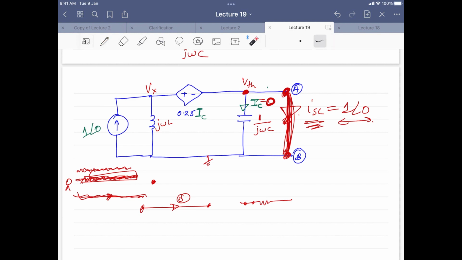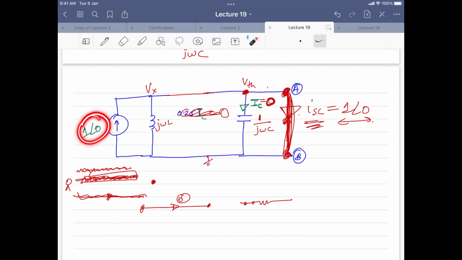So if IC is 0, what will be the status for this? Short circuit. It will be a short circuit, because it's a voltage source, right? If I say that a voltage source is 0, that means it's a short circuit. So if it is a short circuit, what will happen now?